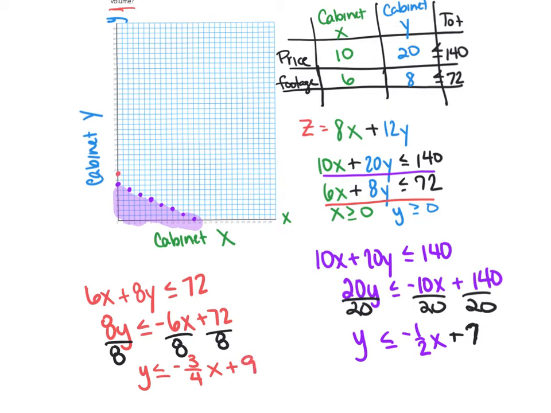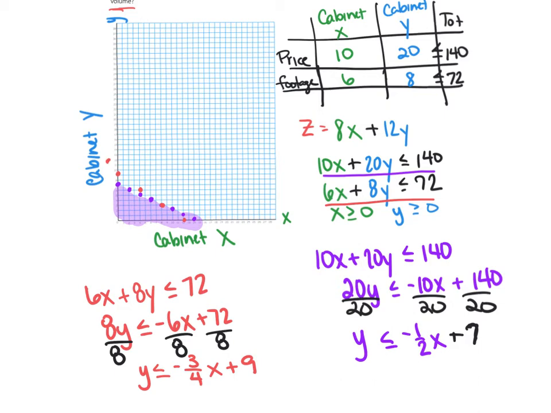So plus 9, go down 3 over 4, down 3 over 4.